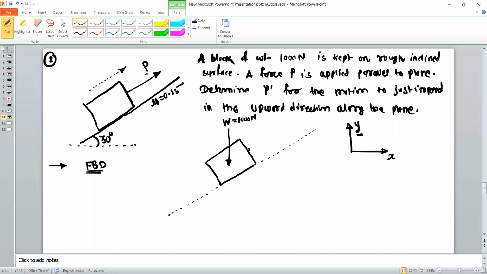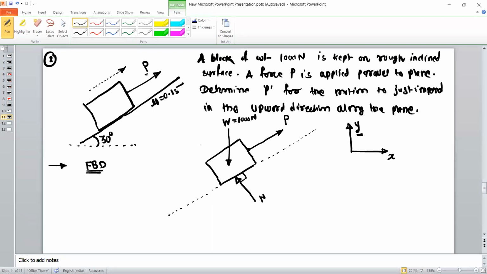Then next is the external force. So this is the P force. Then there will be a normal reaction like this. This normal reaction is perpendicular to the block, or to the surface.